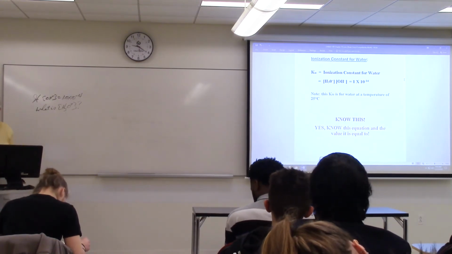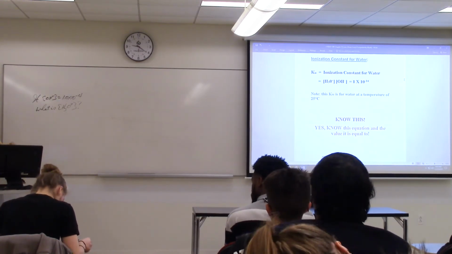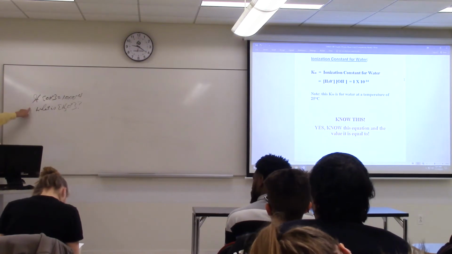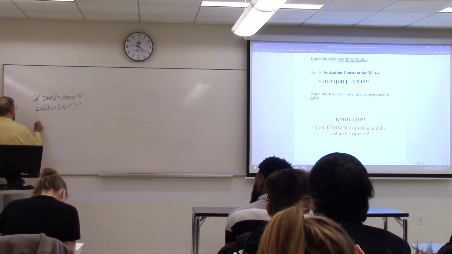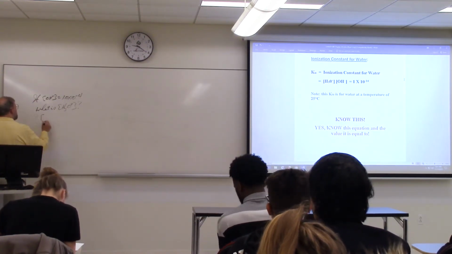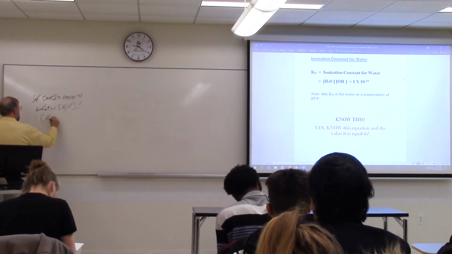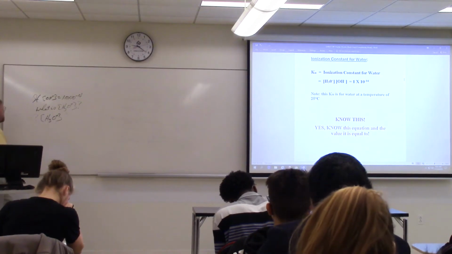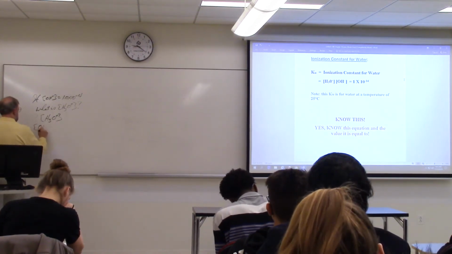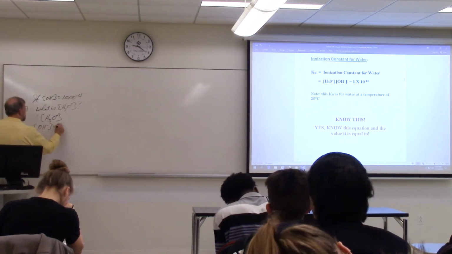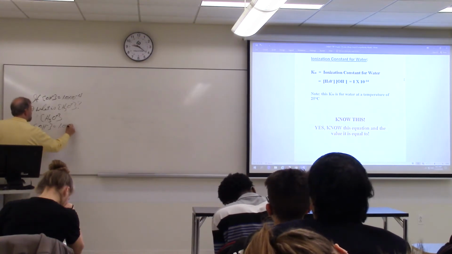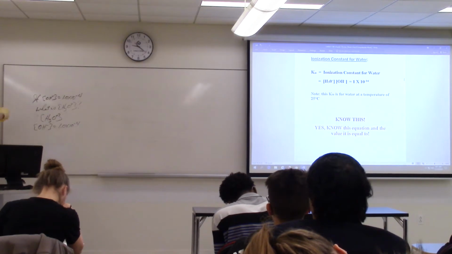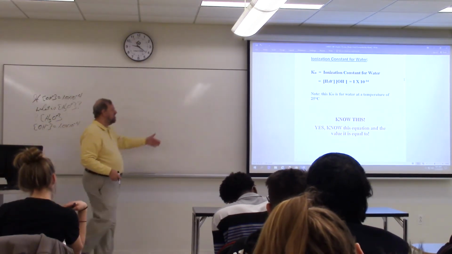Looks like everybody's just about done. Let's take a look at this. And the question is, what are you trying to find? And that is the hydronium ion concentration. What are you given? The hydroxide concentration. But you also know this.